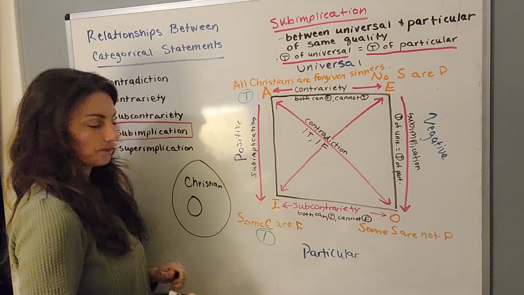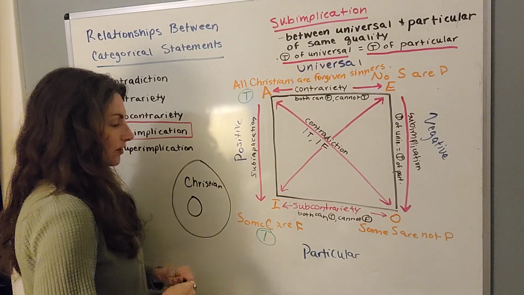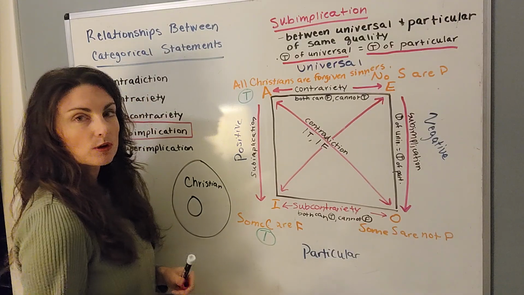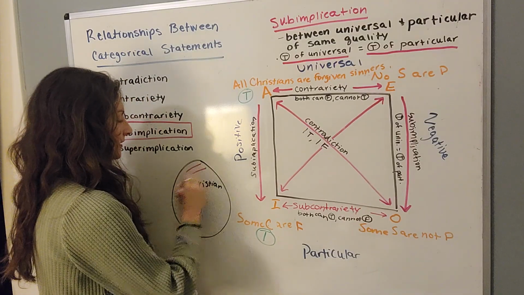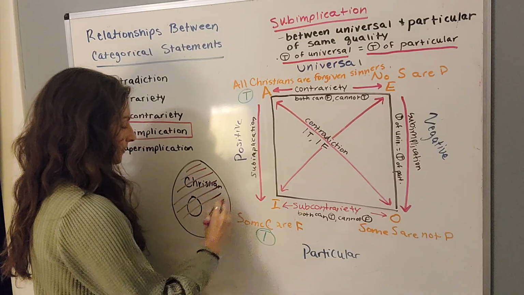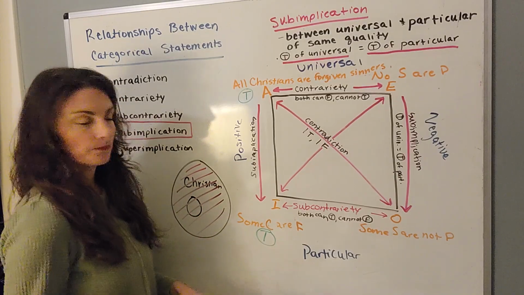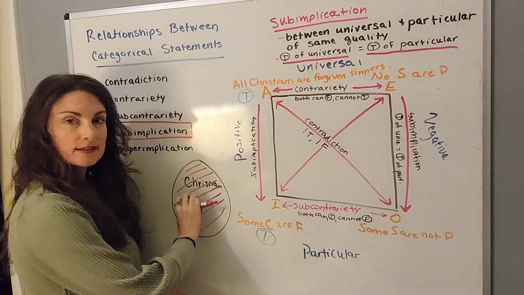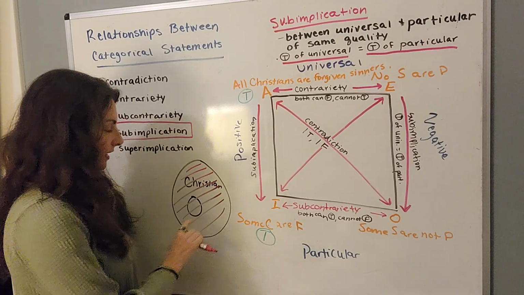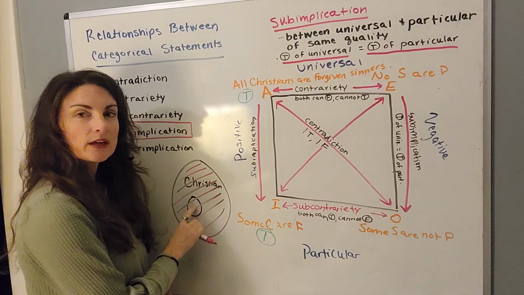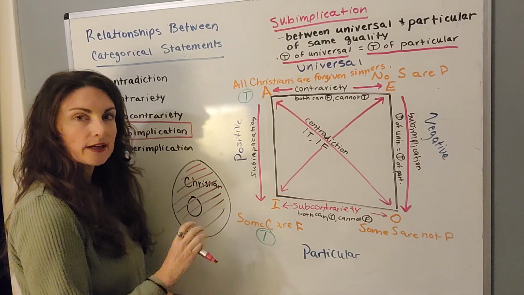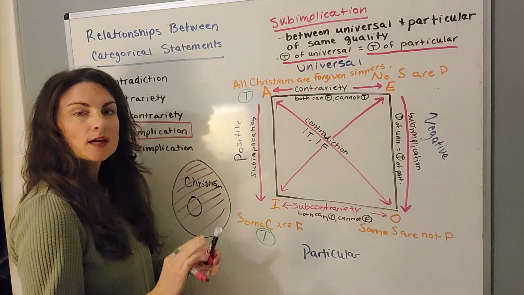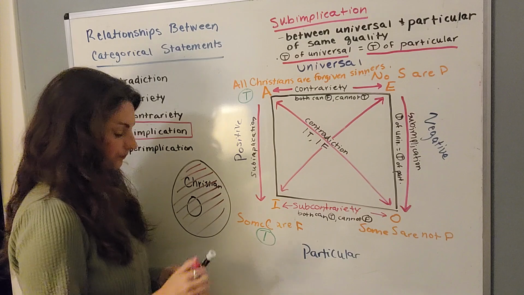This is my some. Now, I just said about them that all of them are forgiven sinners, so my entire circle would be colored. Here's the whole group of them, and here's my sampling that I pulled out. Because the sampling is within all, when I pull that sample out, they're also going to be forgiven because they're inside that circle that all are forgiven.